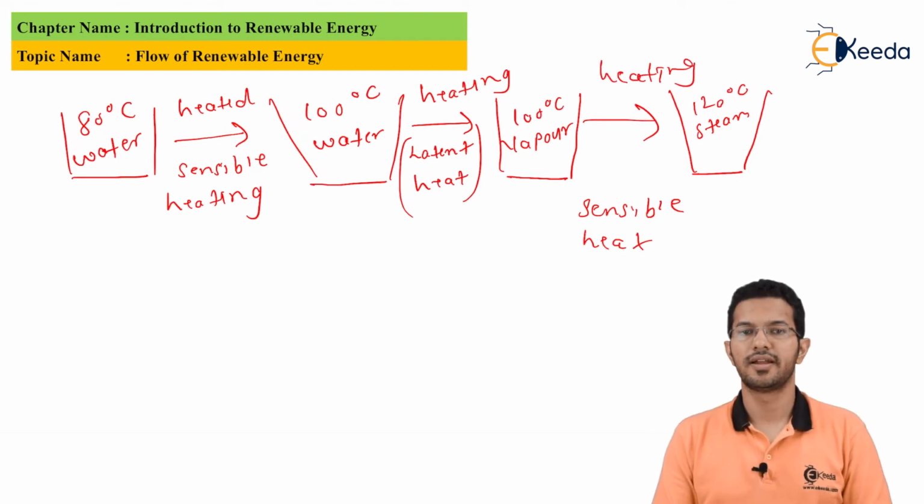Solar radiation is being used as latent heat to convert the water on the surface of the river or the ocean into vapor and to complete the cycle of rain.